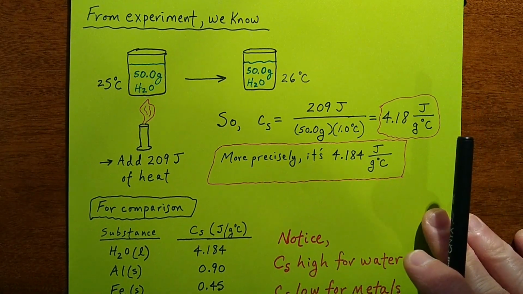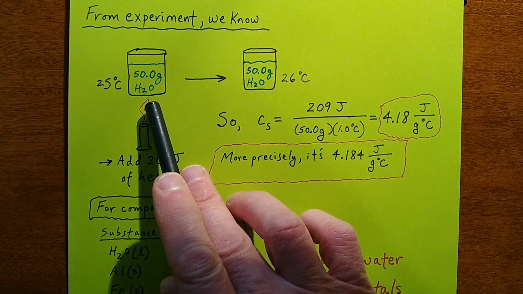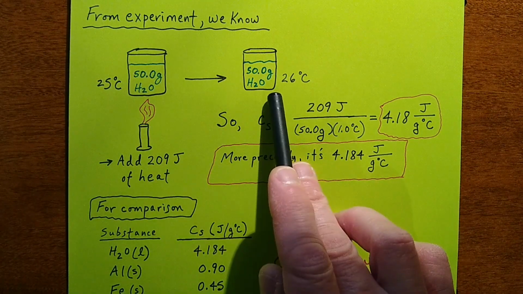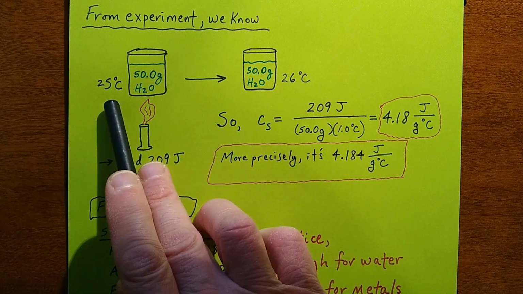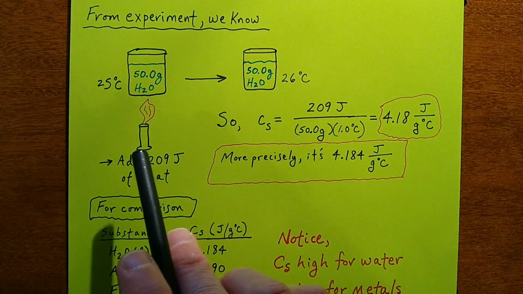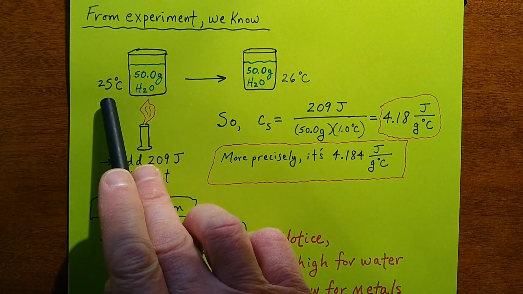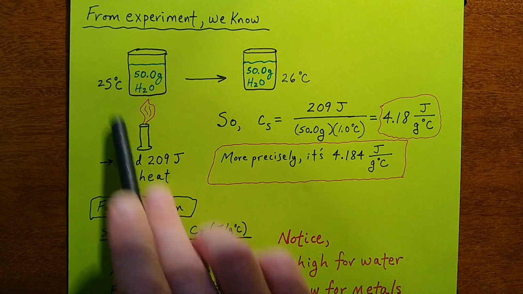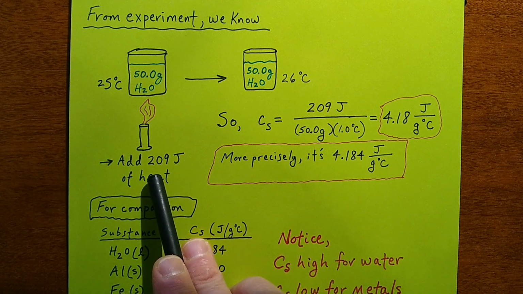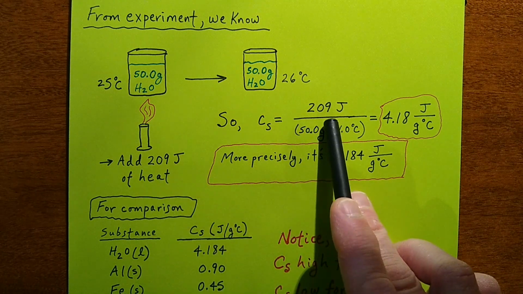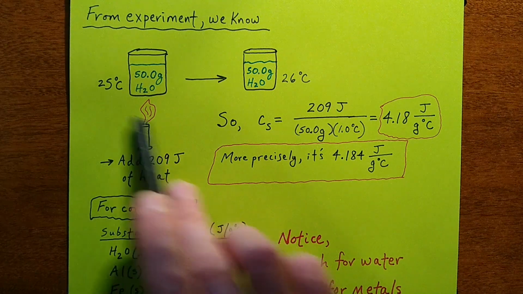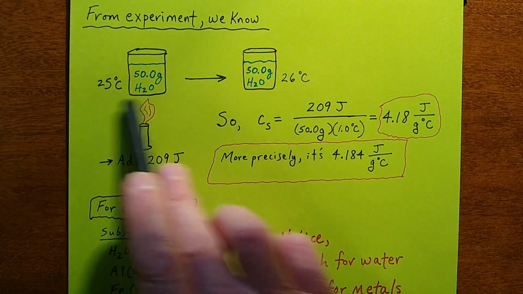For water, for instance, the way to measure the specific heat of water is to carefully measure, let's say, 50 grams of water. A lot of these numbers are measured at room temperature, which is about 25 degrees. Let's say you add in some energy. You would measure that about 209 joules of energy would be needed to cause 50.0 grams of water to change by 1 degree, 25 degrees C to 26.